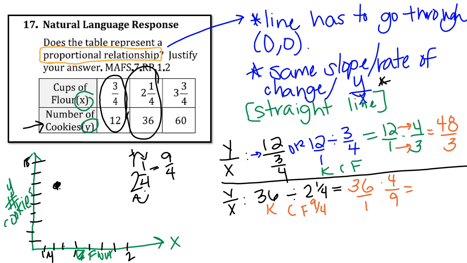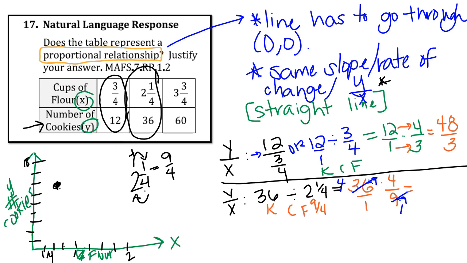Now in this case, before I multiply across, I can also look at it and say, well, is there anything that both of them have in common that I can get rid of. Well, 36 we could divide by 4 or by 9 and get 4. And I could take 9 and divide it by 9 as well and get 1. So that's called cross-canceling. If there's a number on the top of a fraction and on the bottom, you can divide both of them by the same number to cancel it or to make it smaller.